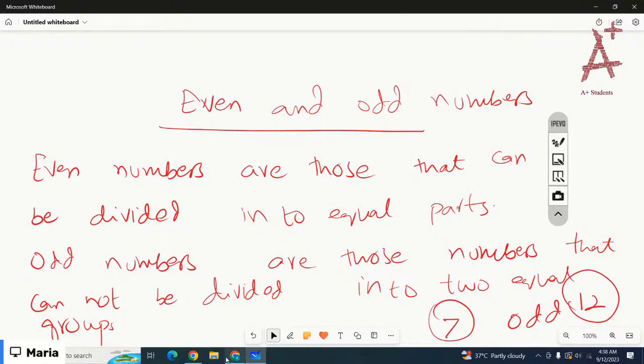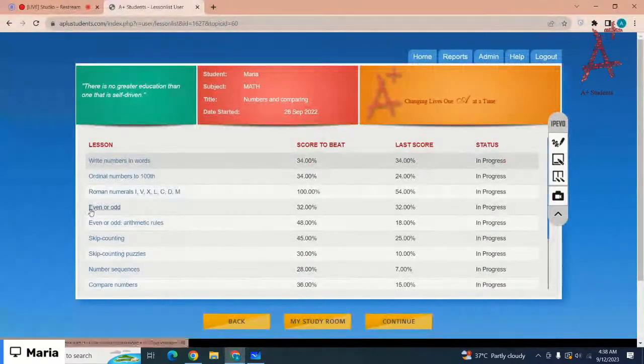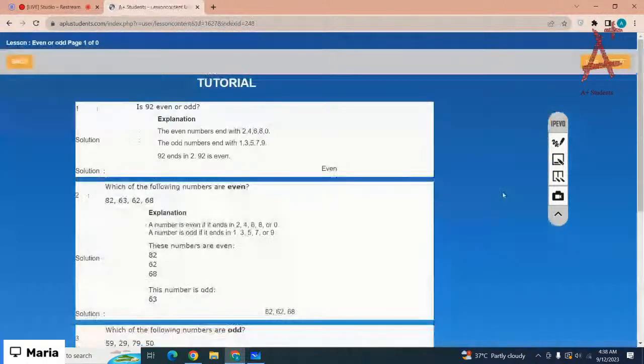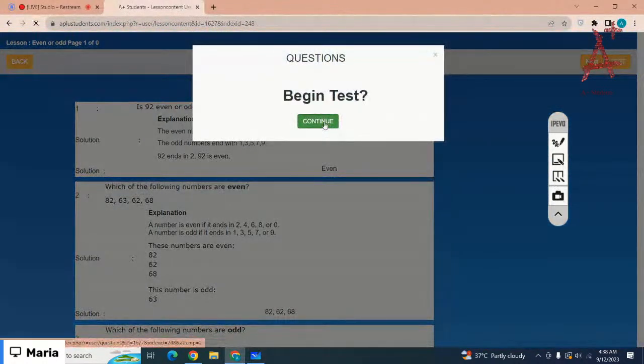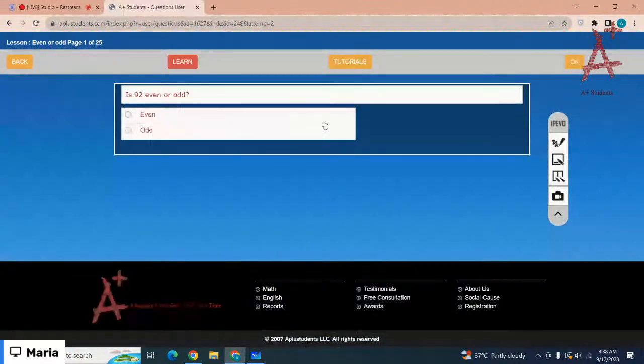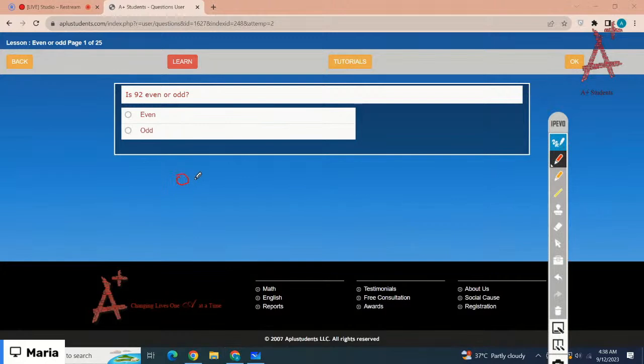Let's just do the practice questions from the A plus. So let's just start with the practice questions. Is 92 an even or odd number? If the number at the ones position is 0, 2, 4, 6, or 8, they are even numbers, right?